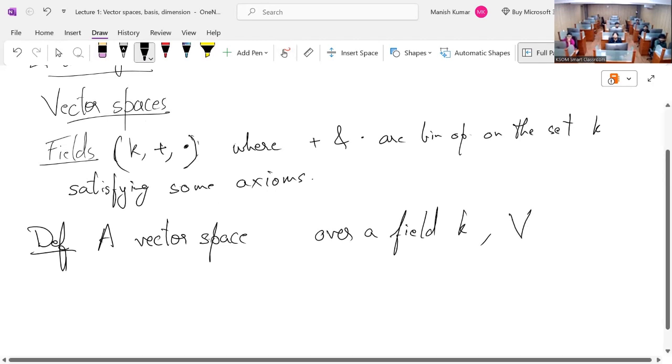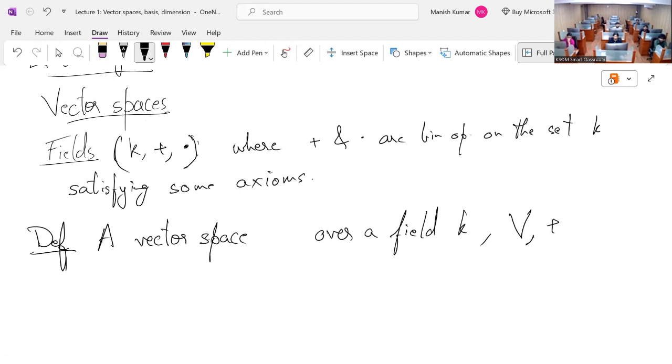A vector space over a field K is a triple: V, plus, and a scalar multiplication, which I'll right now denote by dot, but later on that dot will disappear.